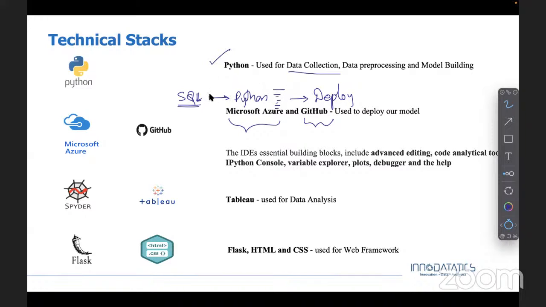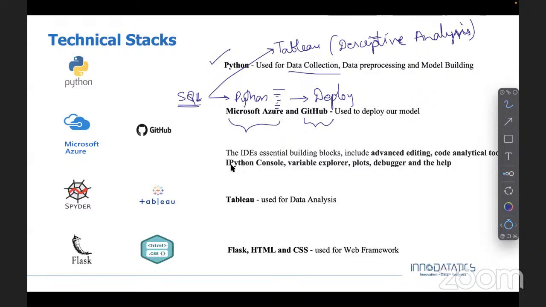Even before that, we also took the data into Tableau to perform descriptive analytics. A lot of descriptive analytics can be performed with ease using BI tools such as Tableau. Of course, you have Power BI, Qlik, and a bunch of those, but we resorted to Tableau.